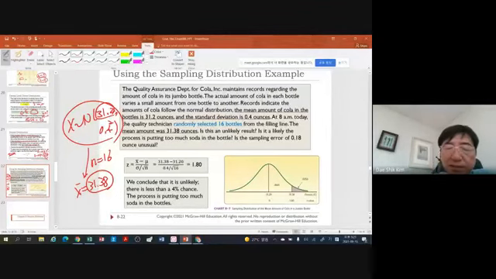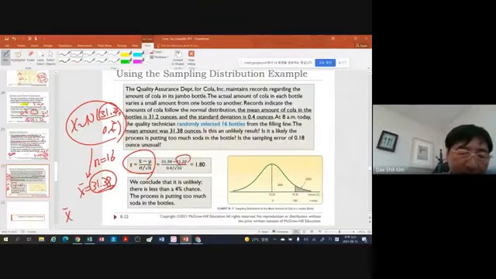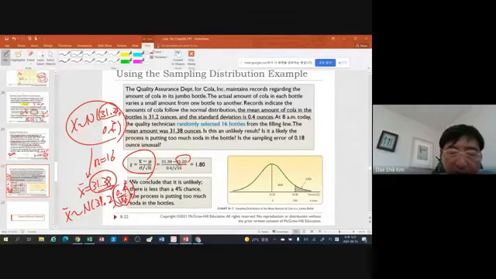The sampling error we calculate like this: 31.38 minus the average, because x bar follows a normal distribution with average 31.2, divided by 0.4 over the square root of 16. We need to use this one because we are using the sample mean rather than x itself.